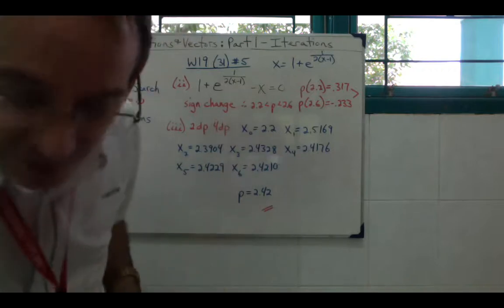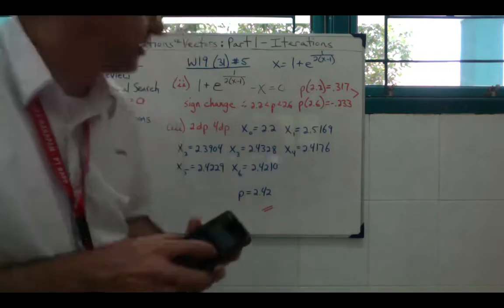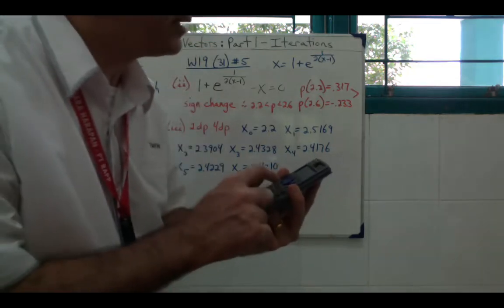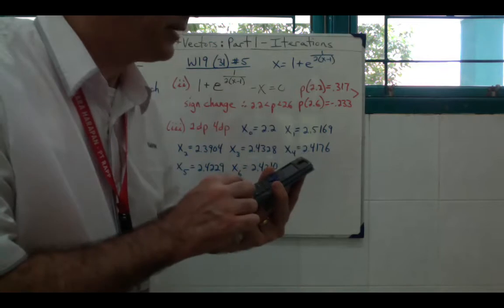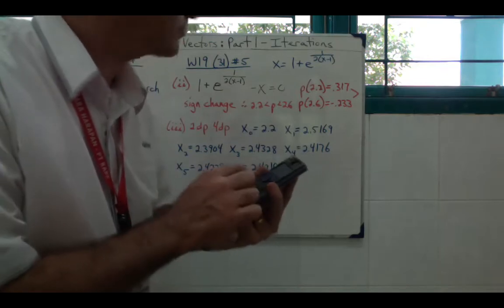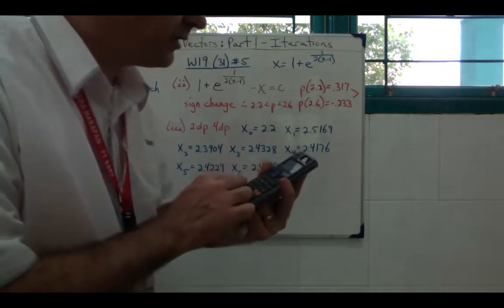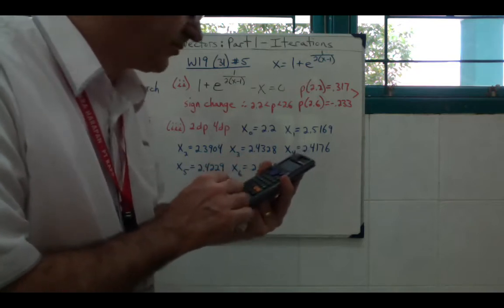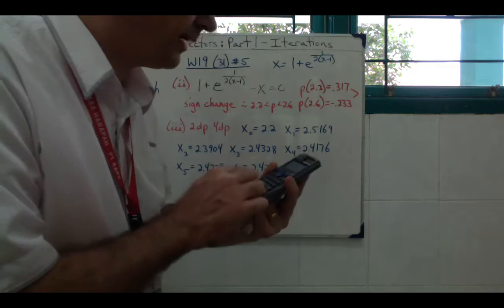So I hope you saw how I did that in the previous example. If I do that really quickly here, just so that you can see, oops, don't want ln, want e raised to the 1 divided by 2 times x minus 1, x is 2.2 minus 1.